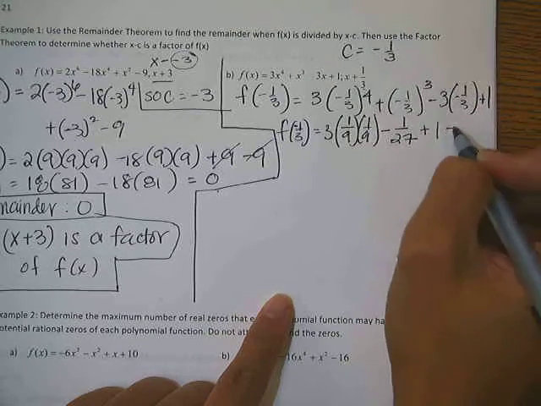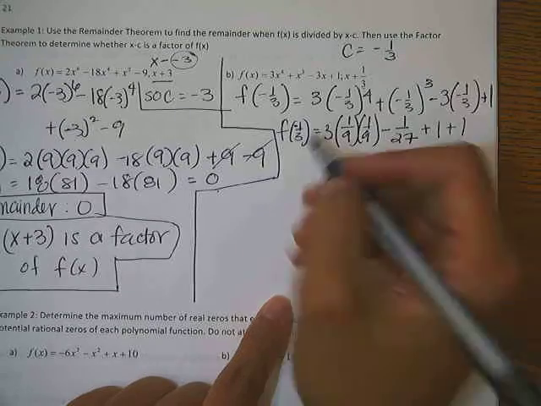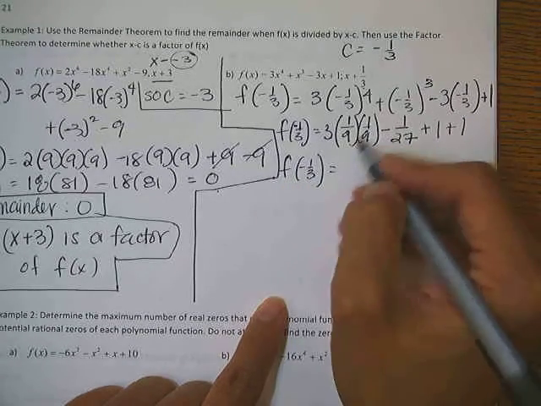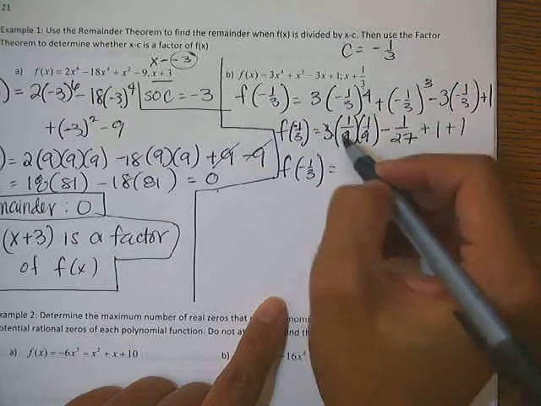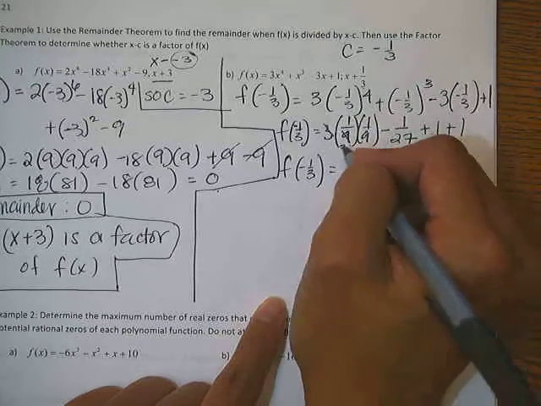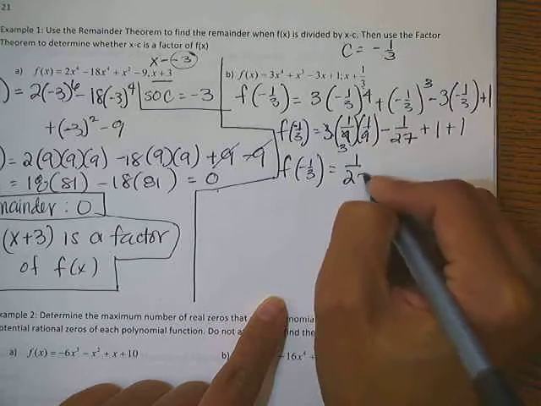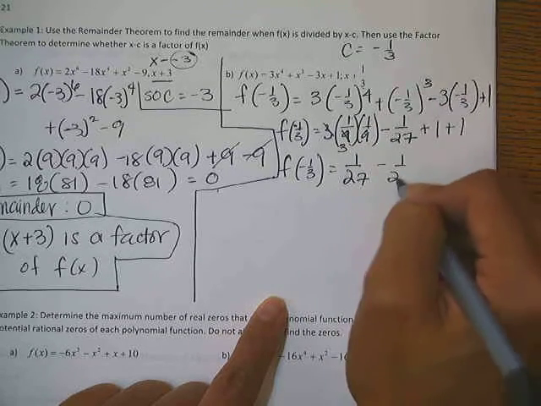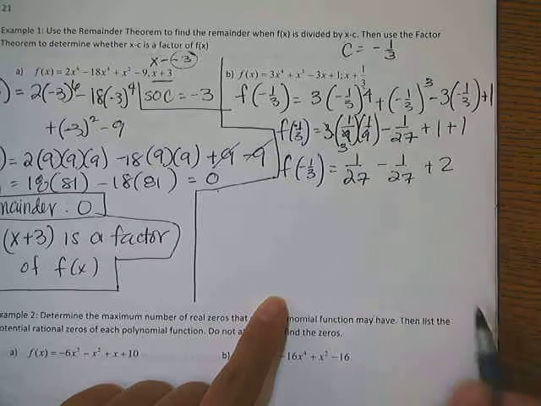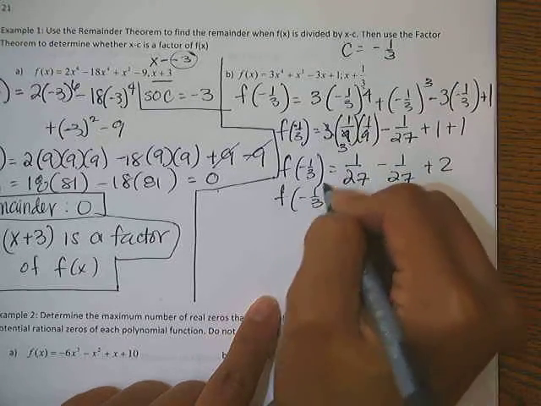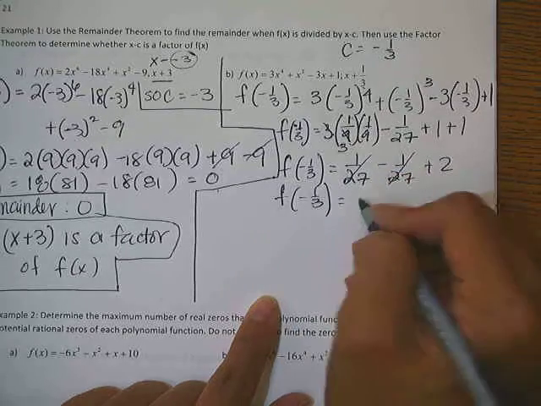And add a 1, so bring that down. So f of negative 1/3 equals, I can reduce that, so 3 goes into 9 3 times, so 1 over 9 times 1 over 3 is 1 over 27, minus 1 over 27 plus a 2. These two will cancel each other out, so I'm going to end up with 2.